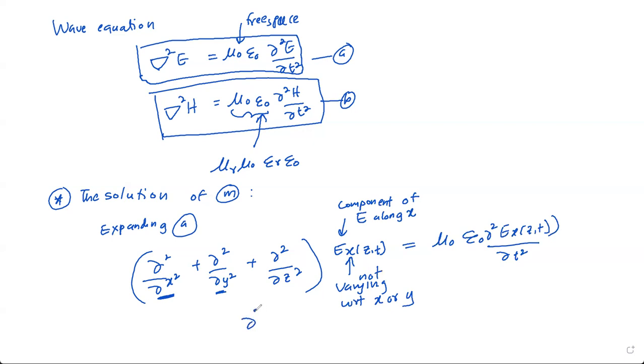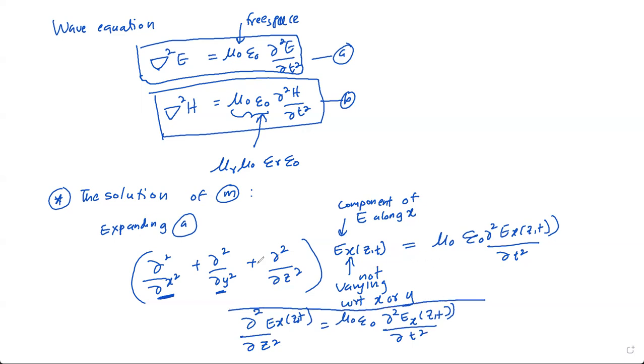The only part that will remain is ∂²Ex(z,t)/∂z², and the right side we can write as mu naught epsilon naught ∂²Ex(z,t)/∂t². So this is the simplified version of the first expression.